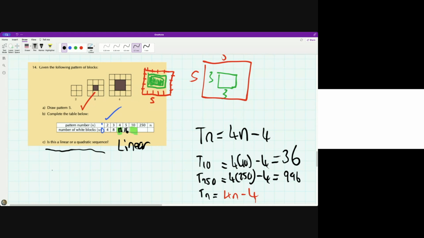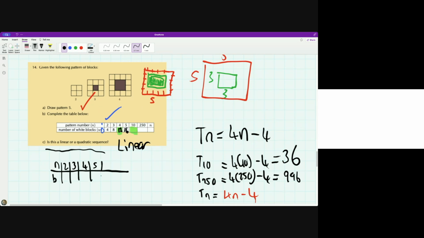I'm going to extend this question now. Here is my pattern number, so we'll call it n, and we'll go 2, 3, 4, 5. And then I also want to have the number of black blocks, so B for the black blocks.